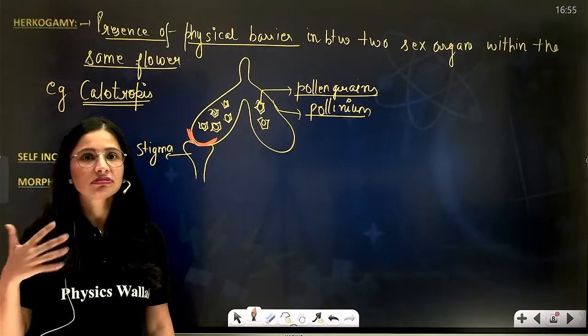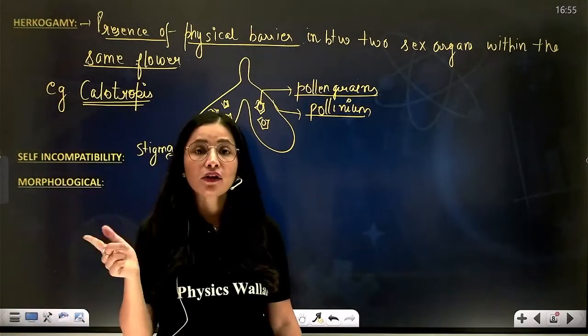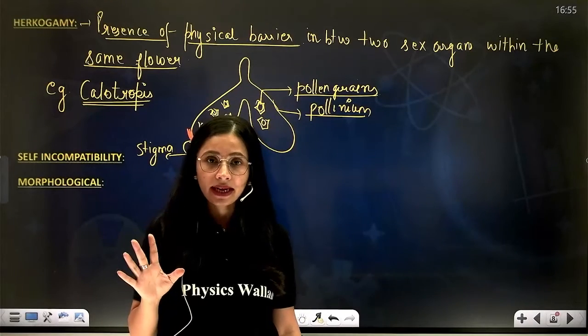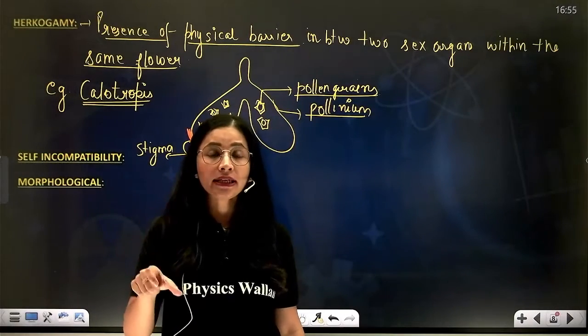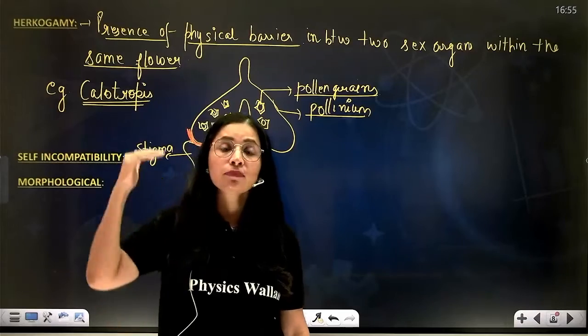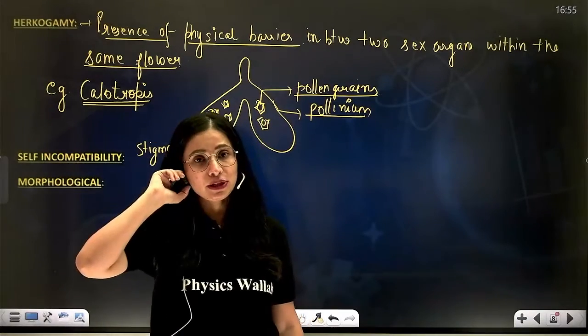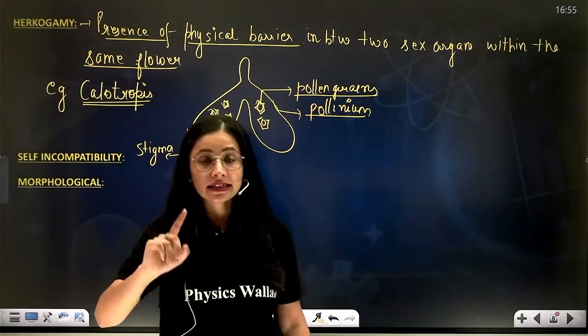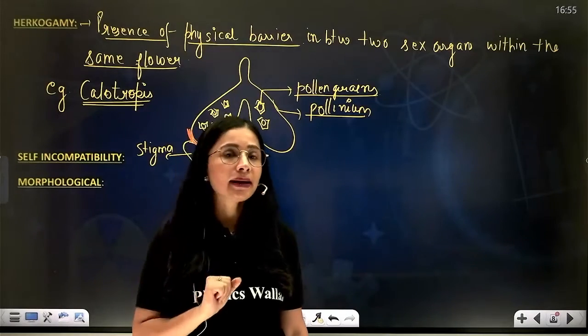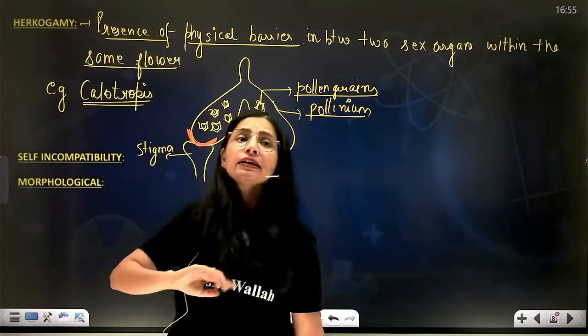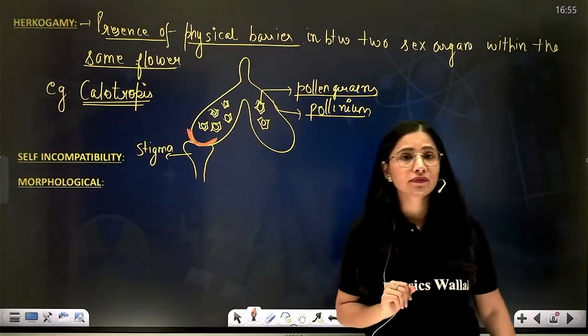It says we are incompatible. Self-incompatibility. Correct? If the stigma only allows the pollen grains from some other plant of the same species to germinate, then that is called self-incompatibility.